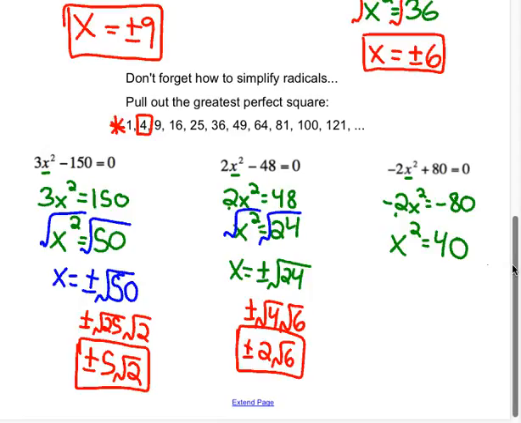And now I have the x squared completely by itself. So I'm going to square root both sides to get, oh, sorry, not x squared, just x. X equals plus or minus the square root of 40.